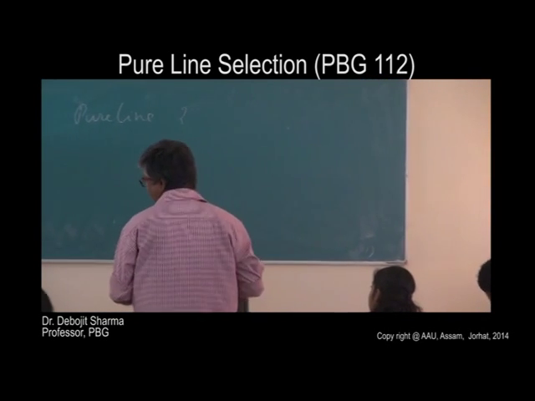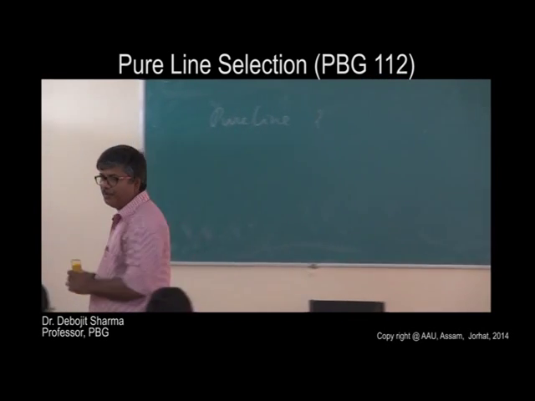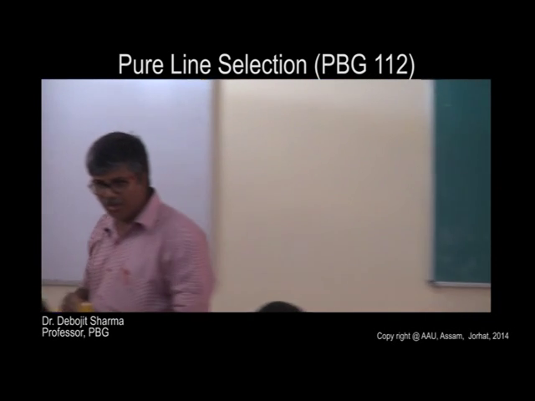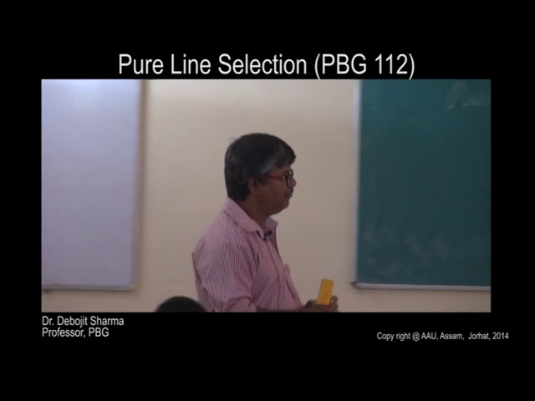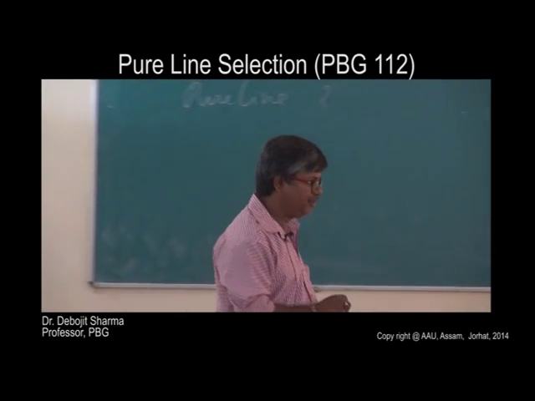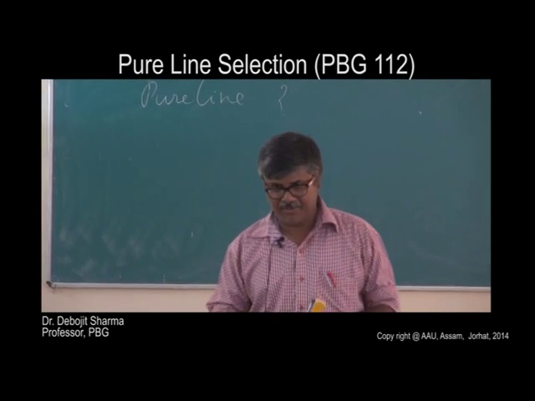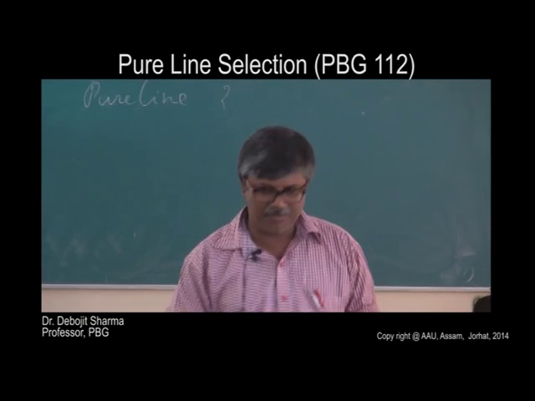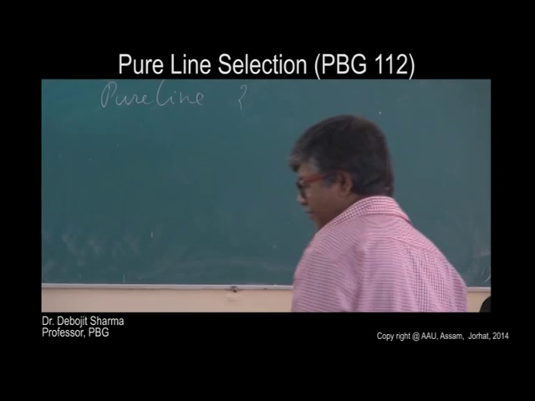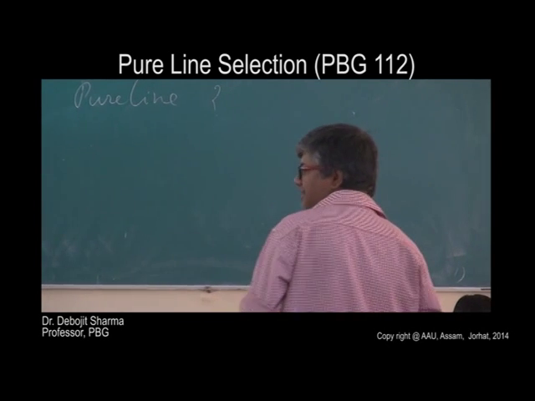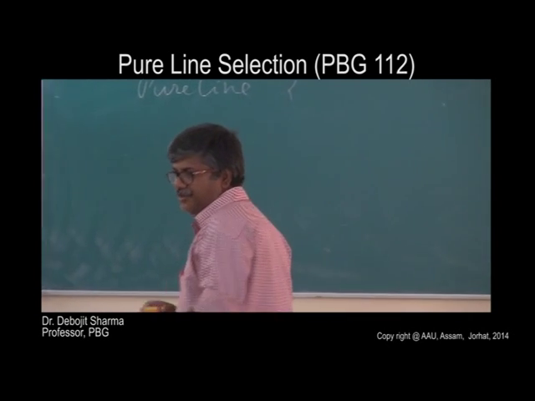So, any variation within a pure line is purely environmental. So, selection within a pure line is not effective. Johannsen did his experiment using a commercial seed lot, and he found that the commercial seed lot has genetic variation.